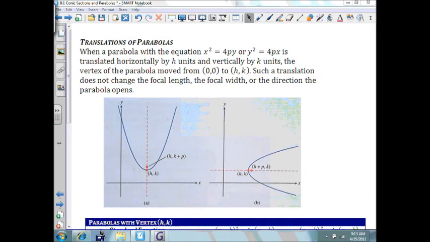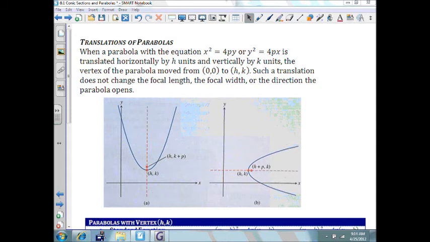Now in this next video, we're going to talk about translations of parabolas. As you should know by now in mathematics, not everything's going to be centered at the origin. We're going to move things around a little bit. When a parabola, the equation x squared equals 4py or y squared equals 4px, is translated horizontally by h units and vertically by k units, the vertex of the parabola is moved from (0, 0) to (h, k).